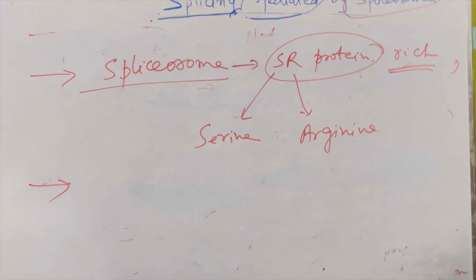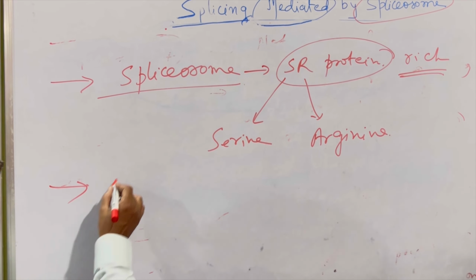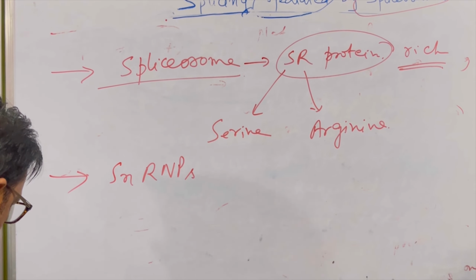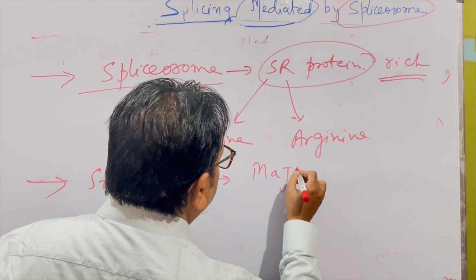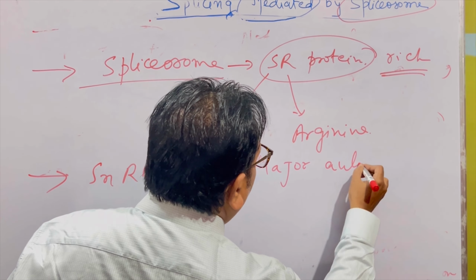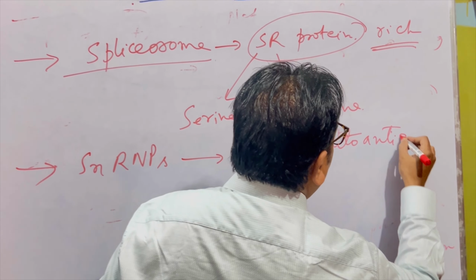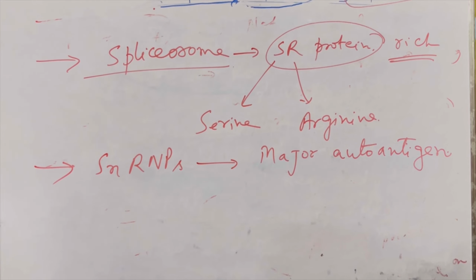Now the last point: when we talk about snRNPs, these are major autoantigens. So what does it mean?